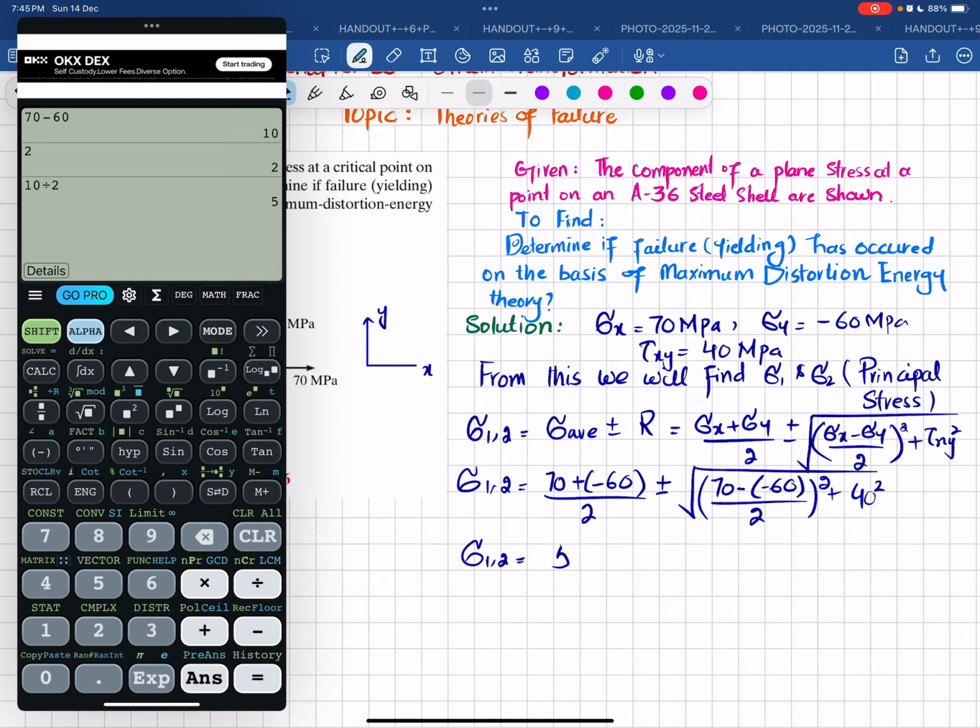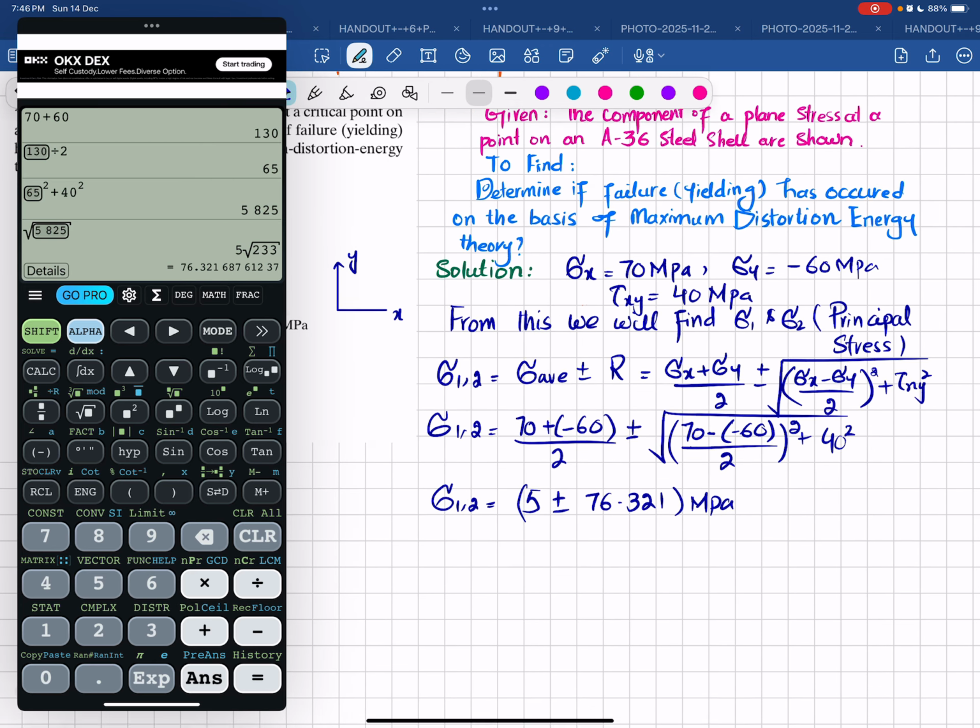So this will be 5 plus minus the second term, which is under the square root: 70 plus 60 divided by 2, that is 65 square, plus 40 square. If we take the square root of this answer, it is 76.321 and the unit will be megapascal.